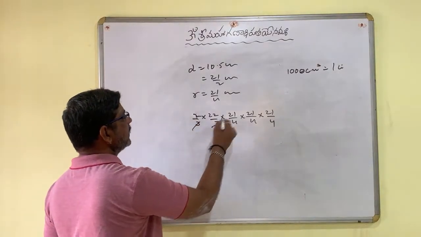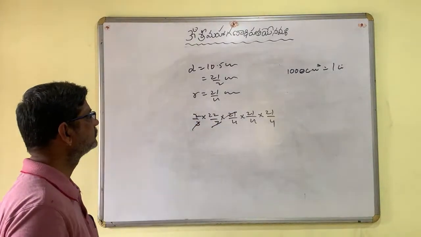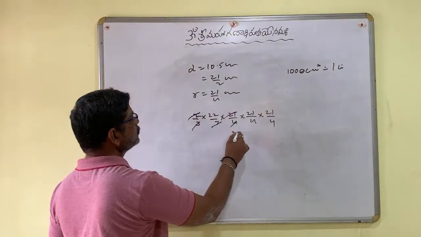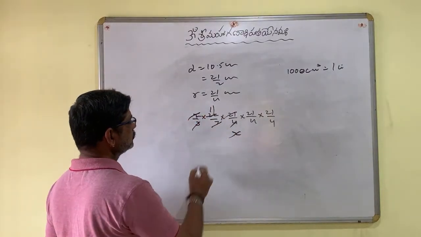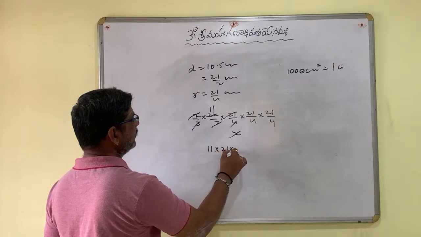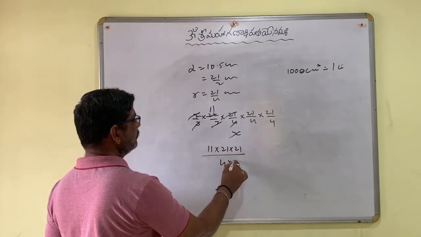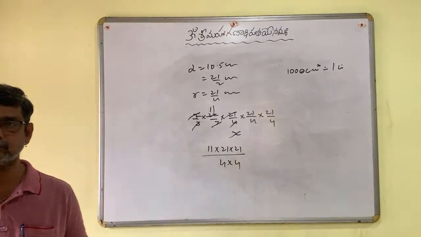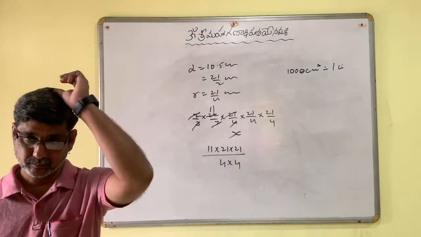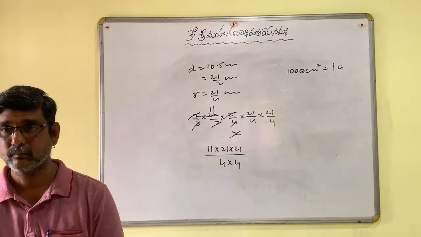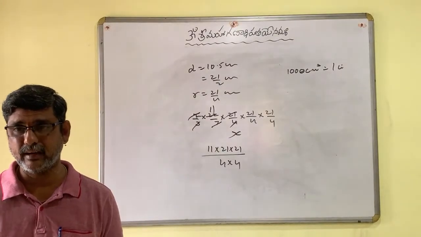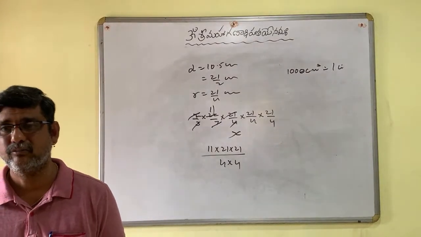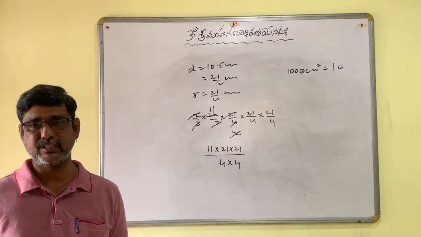So 3 7s are 21 get cancelled. 2 2s, 2 11s. So total 11 into 21 into 21 by 4 into 4. This is the volume. 4951 by 16, correct.